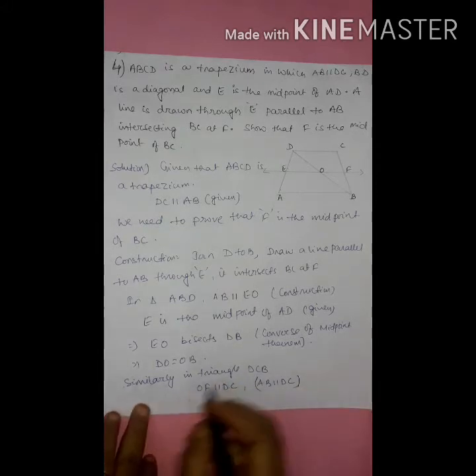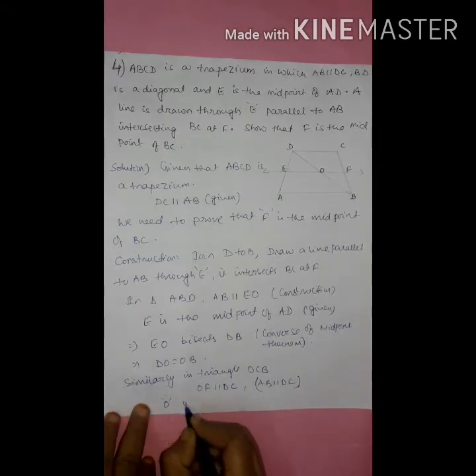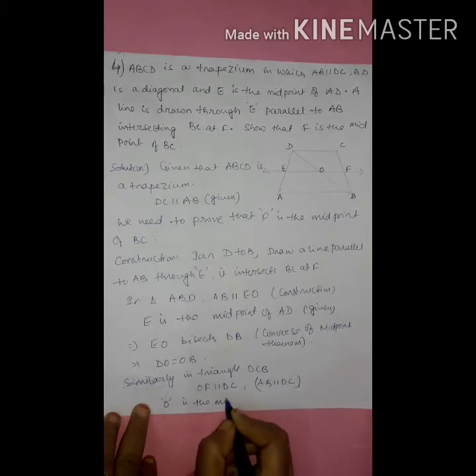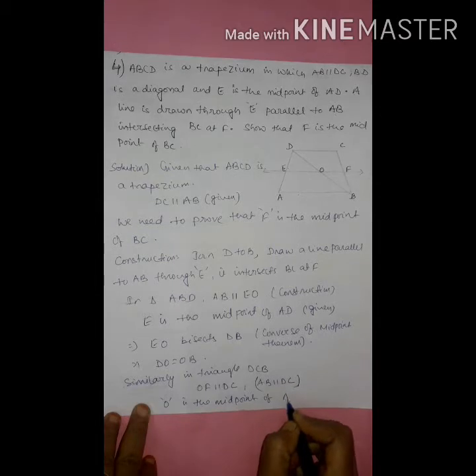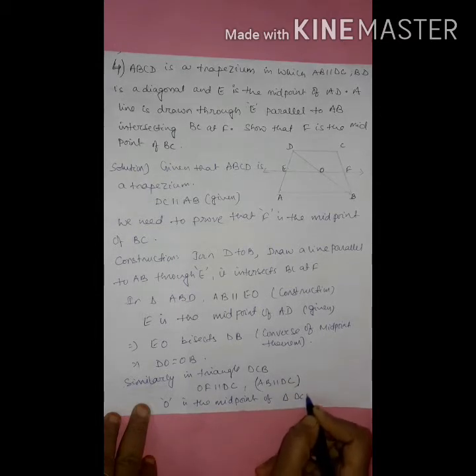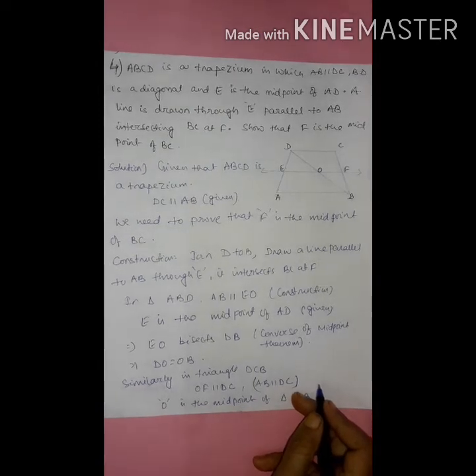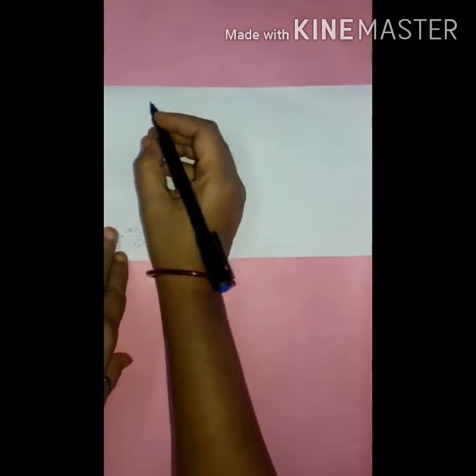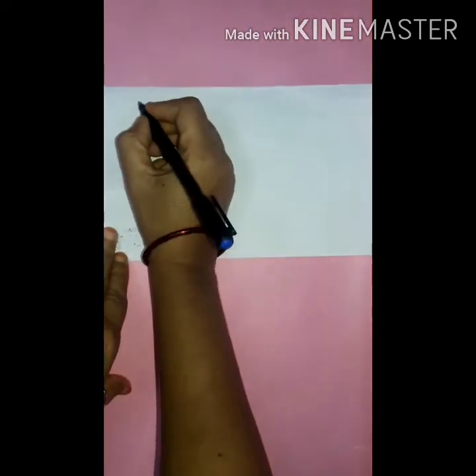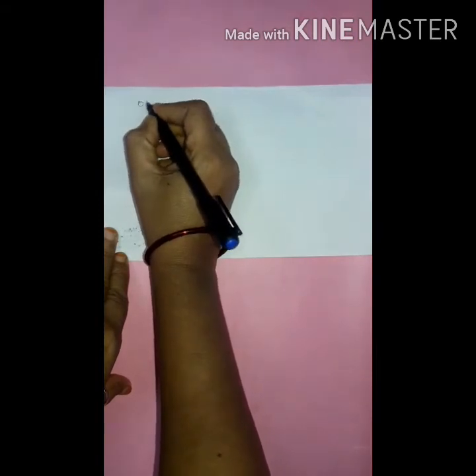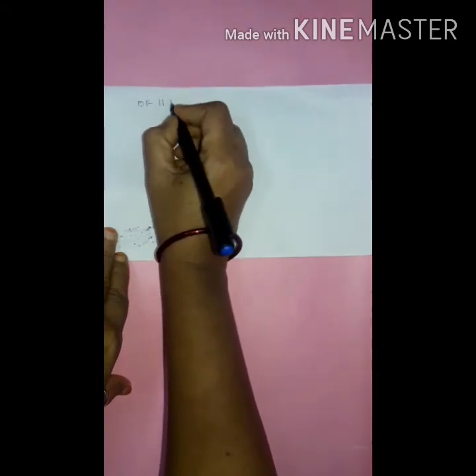Now O is the midpoint of DB in triangle DCB, and OF is parallel to DC.